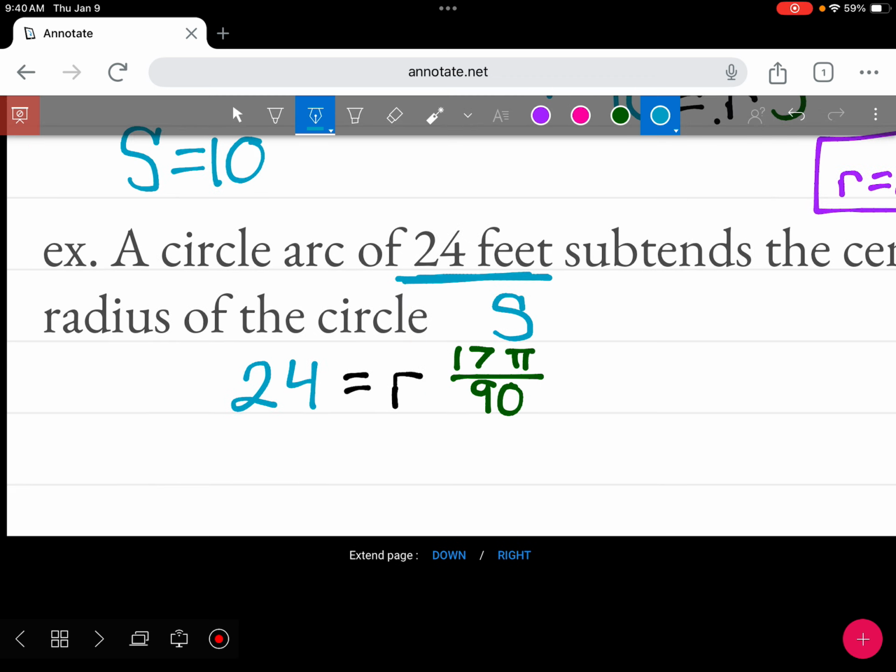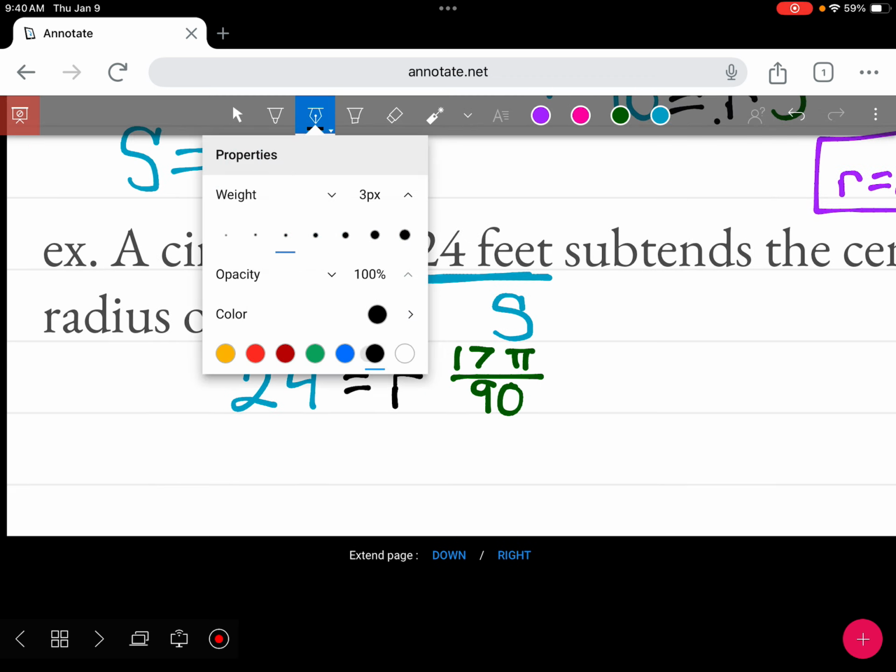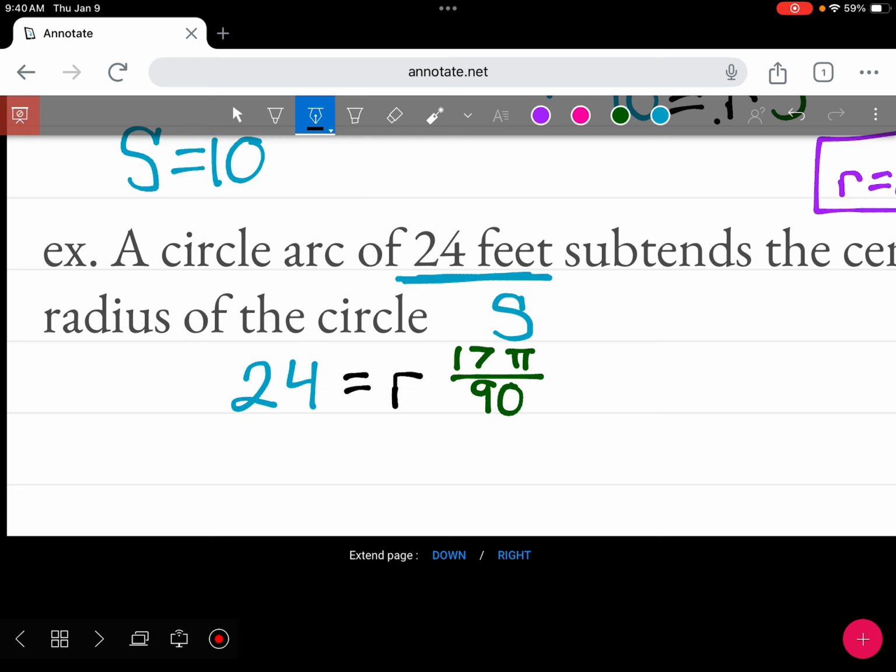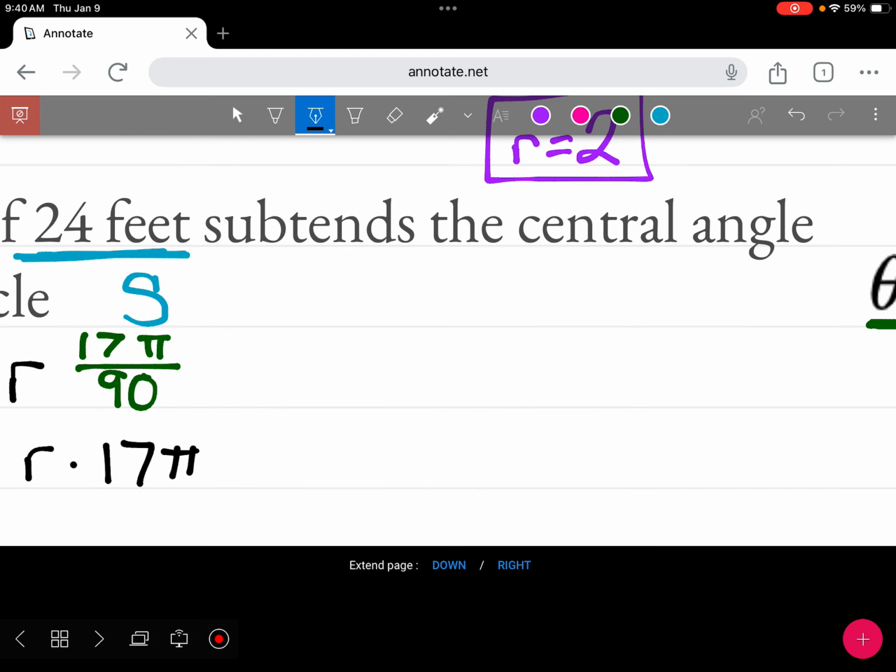So what can we do next? Multiply by 90. That's going to give us 2160 equals r times 17 pi. Divide by 17 pi. So r equals 2160 over 17 pi.